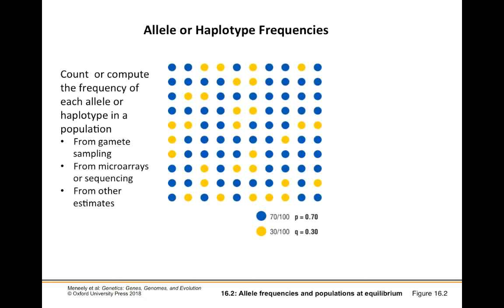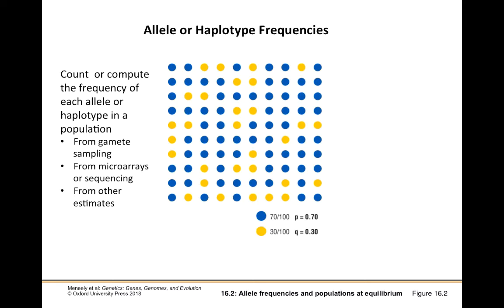So when we think about a population, we can think about a population of alleles or haplotypes. And so here we have essentially 100 different alleles. 70% of them are the blue allele and 30% of them are the yellow allele. And so we could say that the allele frequency of the blue allele is 0.7 and the allele frequency of the yellow allele is 0.3.